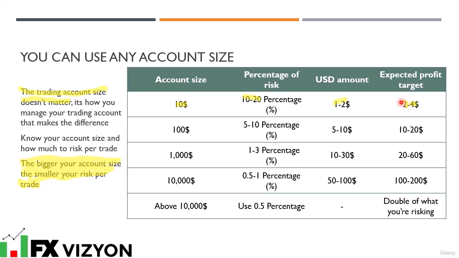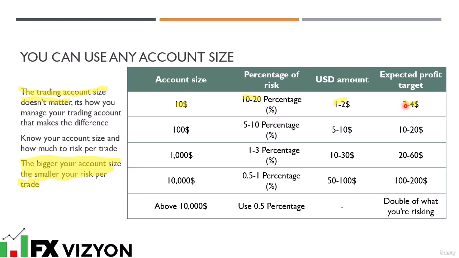But if you are having a 1 to 2 risk to reward ratio, if you are risking $1, like in this table, to make $2, every time you take a trade and it goes in your favor, you make $2. So if you have 2 losing trades, you lose $2.